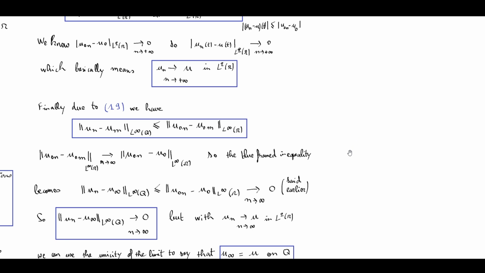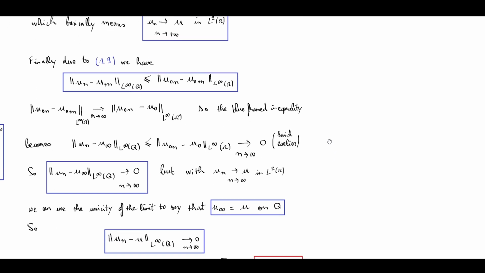So the blue framed inequality becomes the L infinity norm on Q of un minus u infinity is smaller or equal to the L infinity norm on omega of u0n minus u0, which goes to 0 when n tends to infinity. We said it earlier.